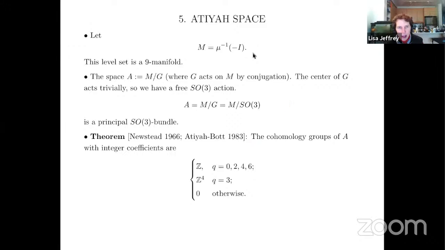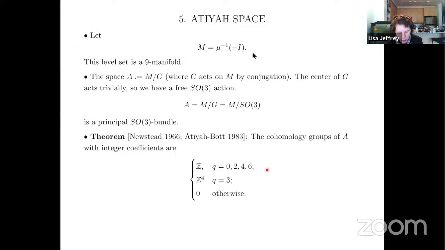So in fact, in this case, Atiyah and Bott obtained the general result for all genus of these spaces of flat connections mod gauge cohomology groups. The genus 2 case was obtained by Newstead in 1966.